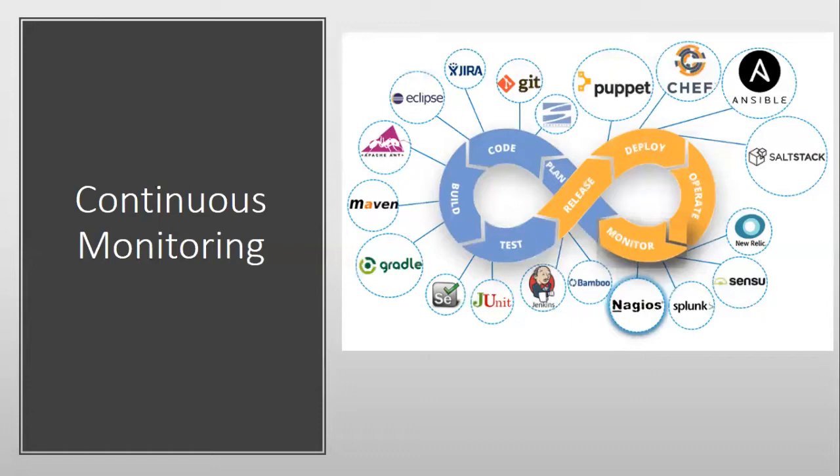Just like the CI/CD concepts in DevOps, we have another terminology that is known as continuous monitoring. Continuous monitoring is an automated way where your entire IT infrastructure, starting from your application to business processes to your servers, can be monitored in a continuous manner.